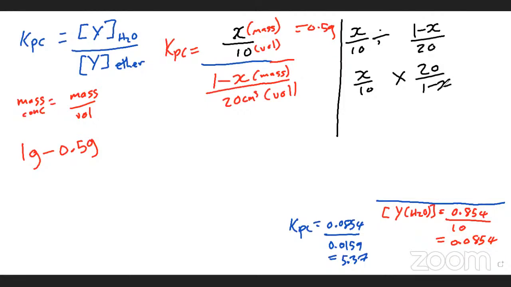Everybody clear at this point? Yes, sir. All right. So you can do two things at this point. 10 can go into 10 one time, and 10 can go into 20 two times. So that would give you 2x divided by 1 minus x.